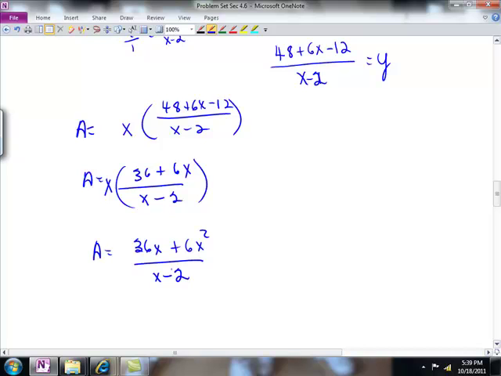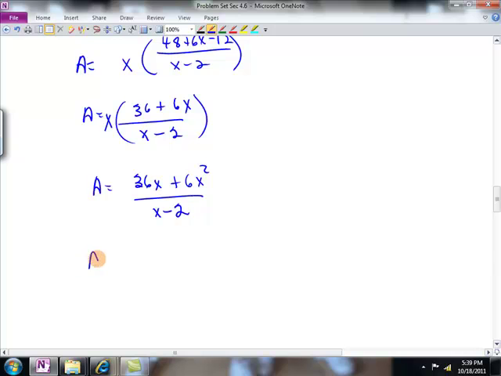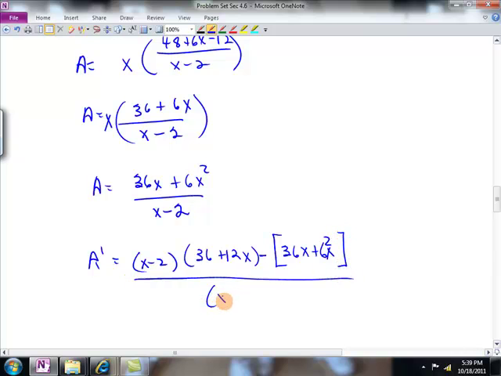Okay, so now to take the derivative of that, I've got to use the quotient rule. So A prime is (x minus 2) times (36 plus 12x), minus (36x plus 6x squared) times 1. So that's all that, over (x minus 2) squared.